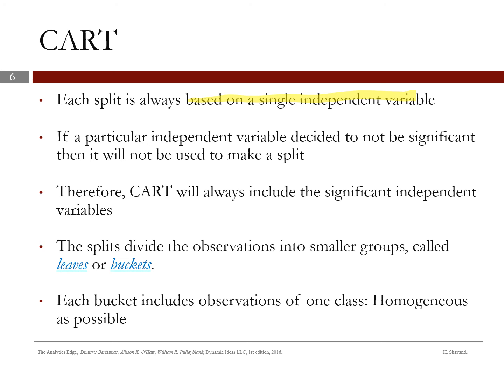That means the CART will always include the significant independent variables. And the splits divide observations into smaller groups called leaves or buckets. So each partition based on the condition is called a bucket or a leaf.